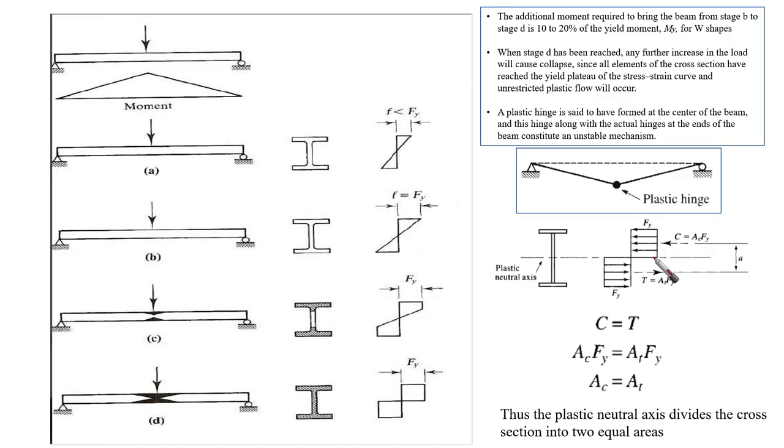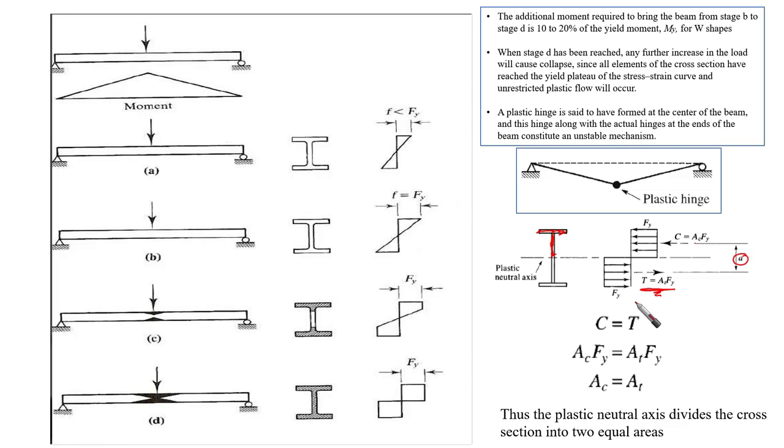Compression force is going to be developed in the upper half, which is C equal to AC times F yield. AC is the area of the compression half, and in the bottom there is a tensile force, which is the area under tension times F yield. The distance between the two should be a.